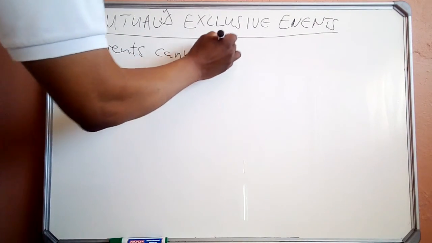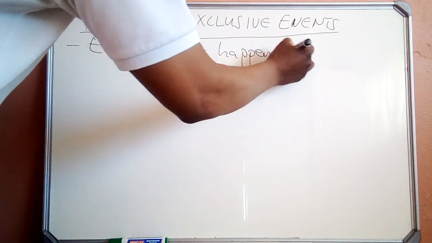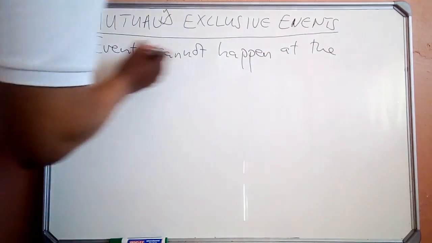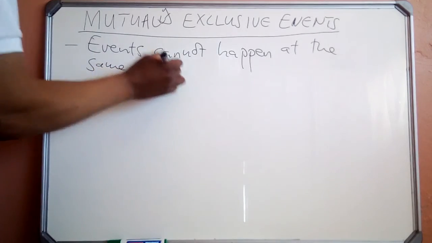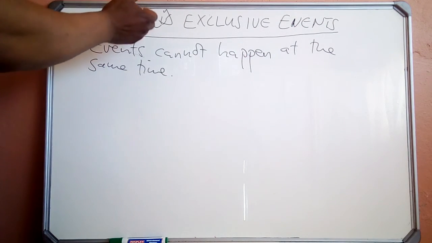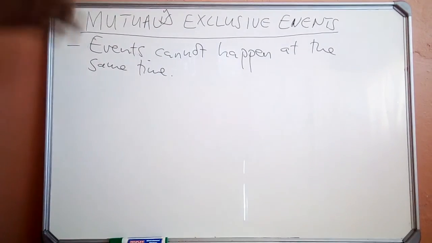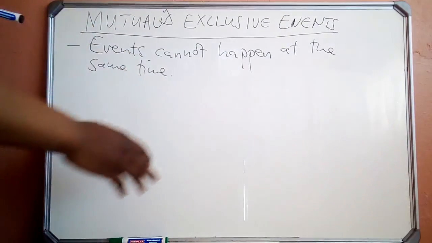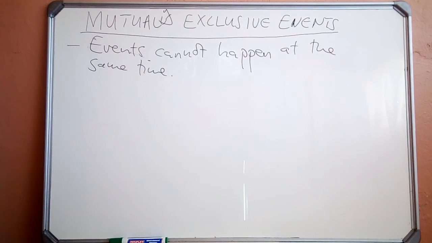That is the guiding principle when you're looking at mutually exclusive events. Each of them is mutual and they exclude each other, meaning that one event cannot happen at the same time that the other event is happening.